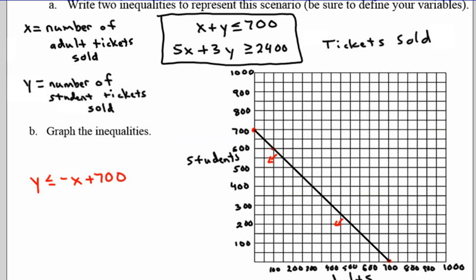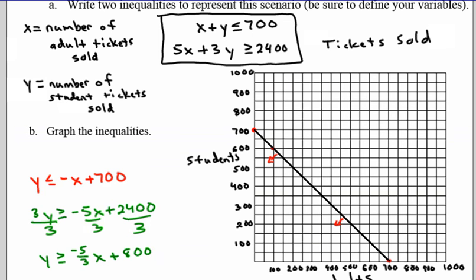Now this next one I'll solve. I'll take the 5x over. I'll get 3y is greater than or equal to negative 5x plus 2,400. I'll divide everything by 3. And y is going to be greater than or equal to negative 5/3 x plus 800. Okay, so on this one, the y-intercept is 800. Slope is negative 5/3.